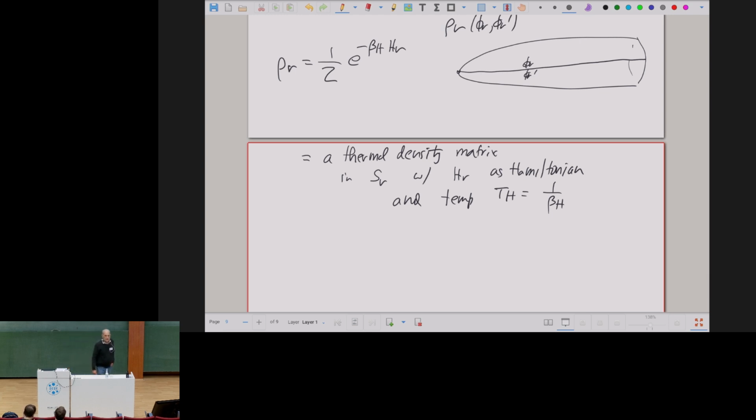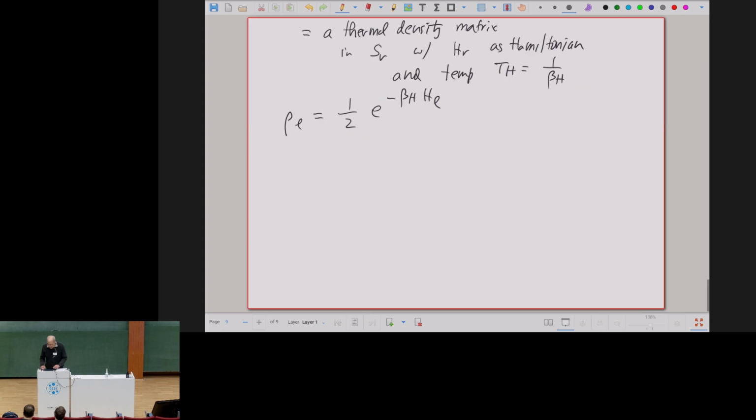Is it sensible to call HR the Hamiltonian? If you're far away from the black hole, HR is the standard Hamiltonian, so it must be sensible. Of course, the same logic would apply to rho L. Rho L is likewise thermal at the same temperature, now with Hamiltonian HL. And we could ask about the thermofield double state.